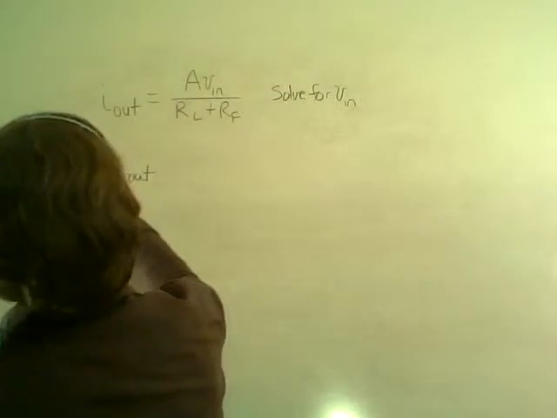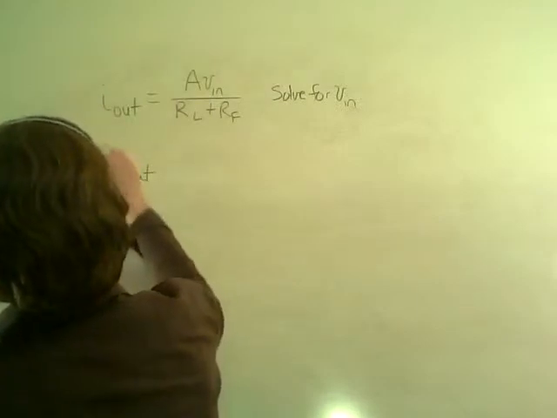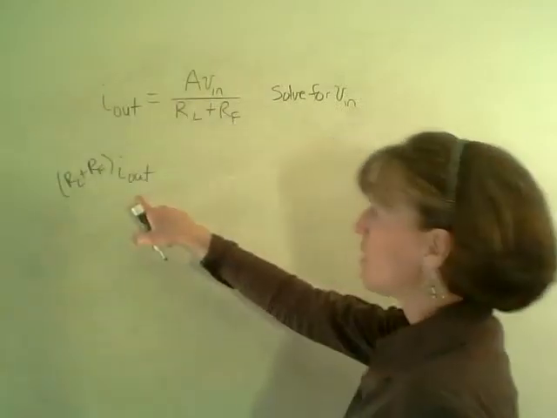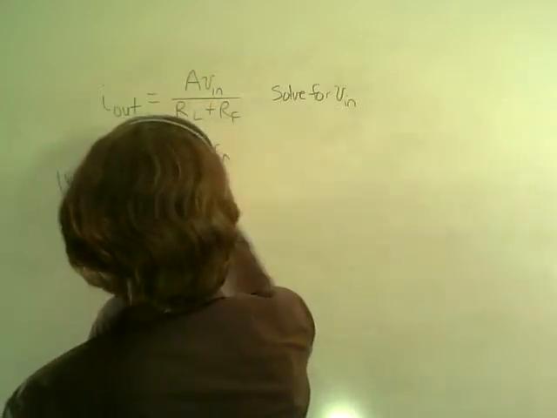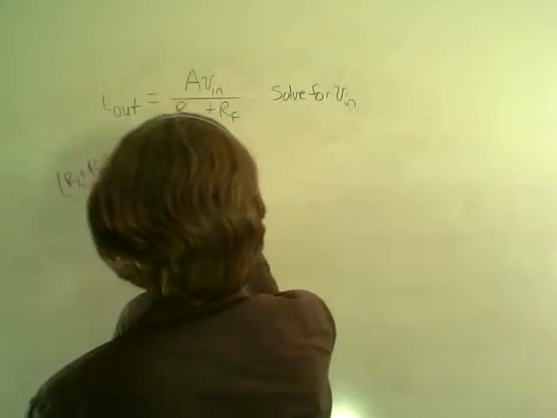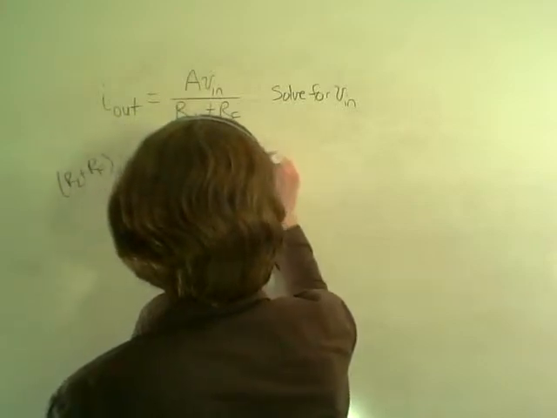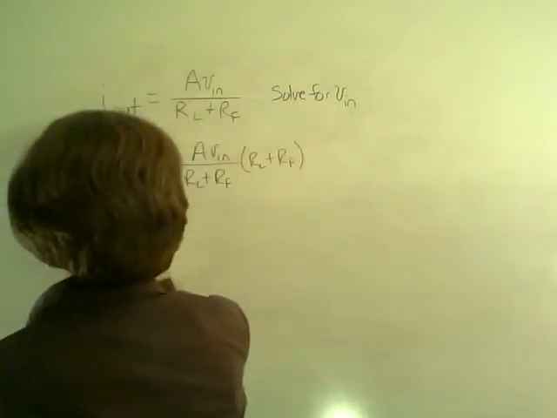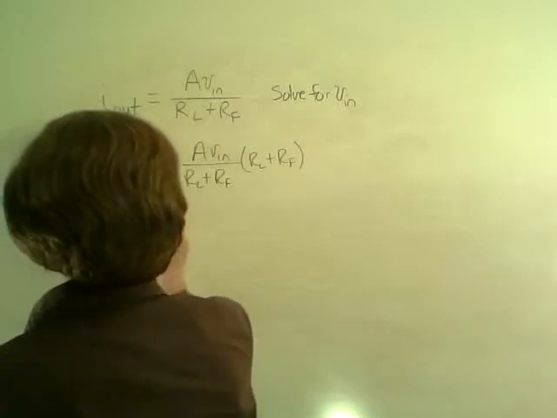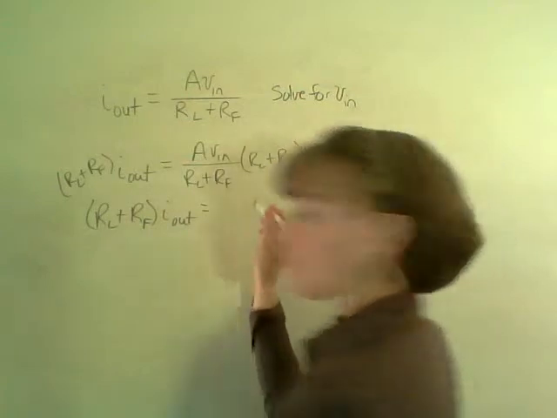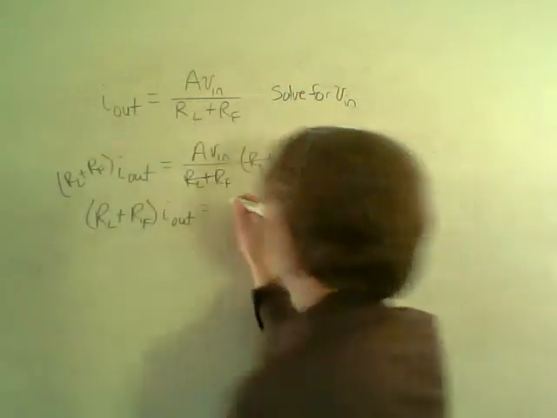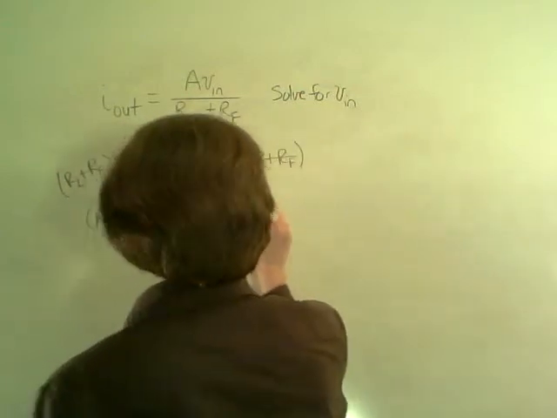I'm going to multiply this side by RL plus RF, and I'm going to multiply this side by RL plus RF. Now, on the left-hand side, I just have RL plus RF times I out. And on the right-hand side, the RL plus RF cancel, and I end up with A Vn.